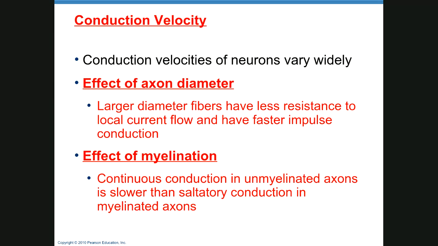How fast the action potential travels down the axon depends on the diameter of the axon and the degree of myelination of the axon. The greater the diameter, the faster the action potential travels down the axon. The larger the axon, the faster the action potential will travel.